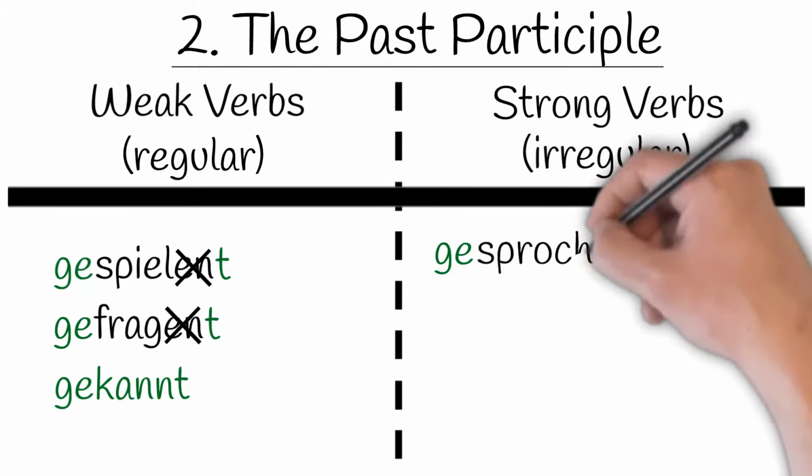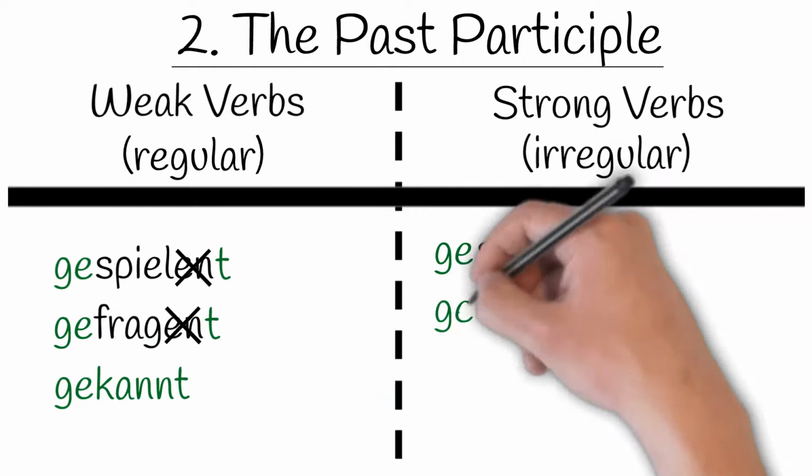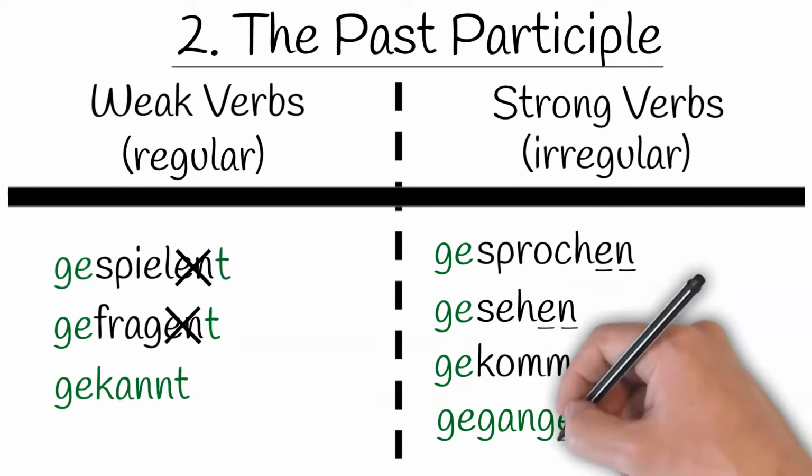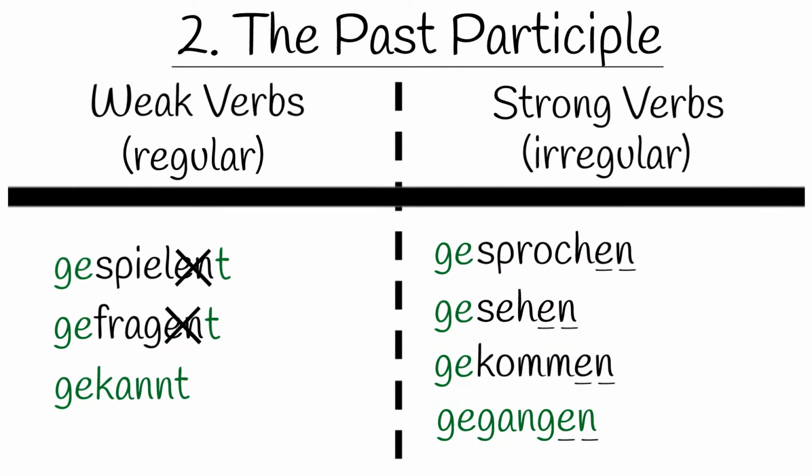Examples are gesprochen, spoken, gesehen, seen, gekommen, come, and gegangen, gone. Notice that from sprechen to gesprochen, the E has changed to an O, and gegangen just looks weird. But we're going to learn those irregularities as we go.